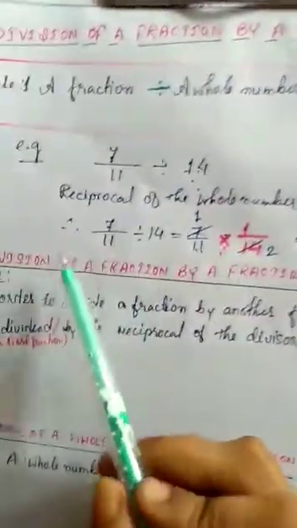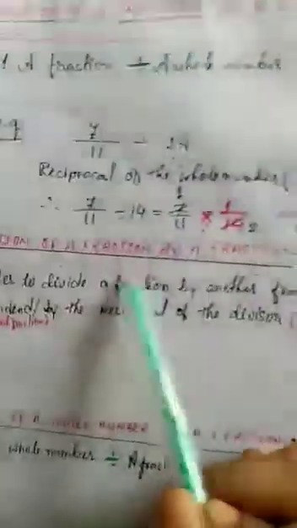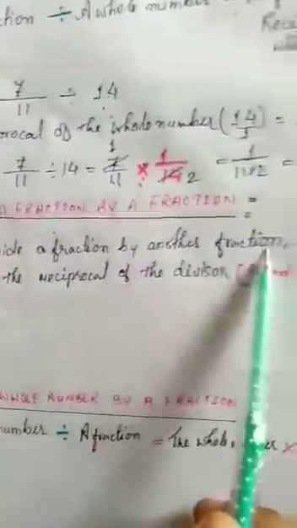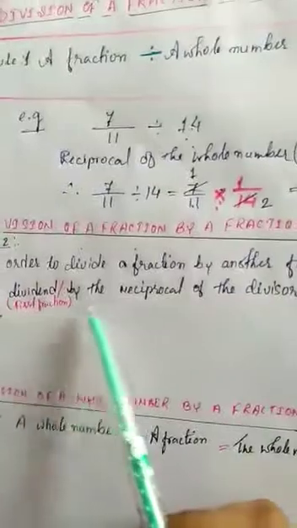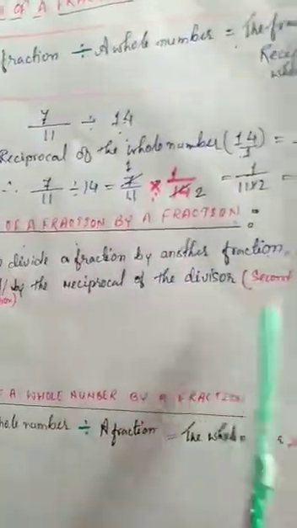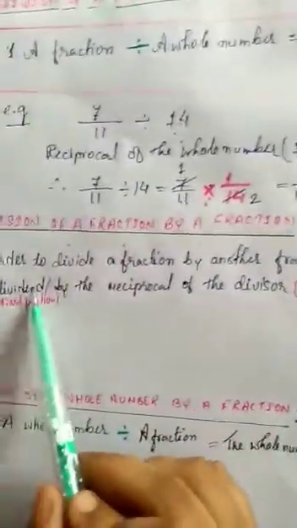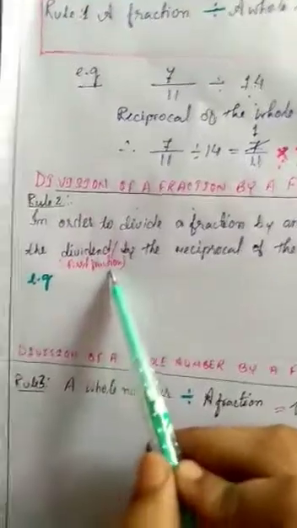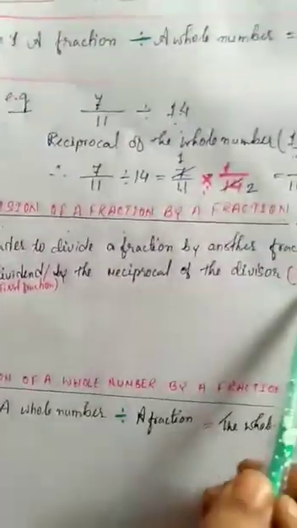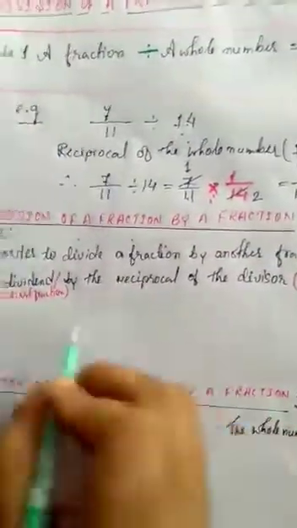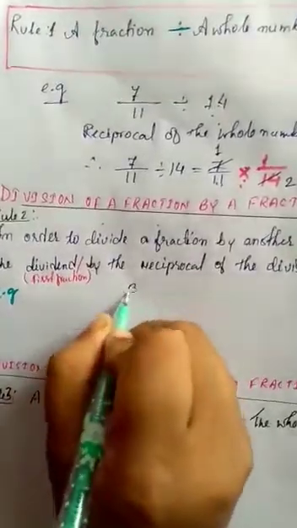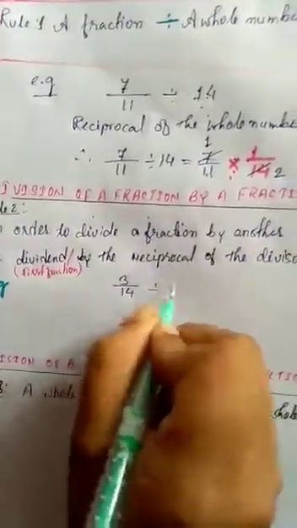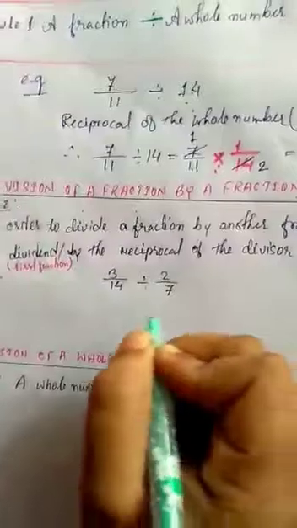All right. Now we'll do the division of a fraction by a fraction. In order to divide a fraction by another fraction, we multiply the dividend by the reciprocal of the divisor. That means the dividend is the first fraction, and the divisor is the second fraction. All right. So suppose 3 by 14 is divided by 2 by 7. Okay, children.